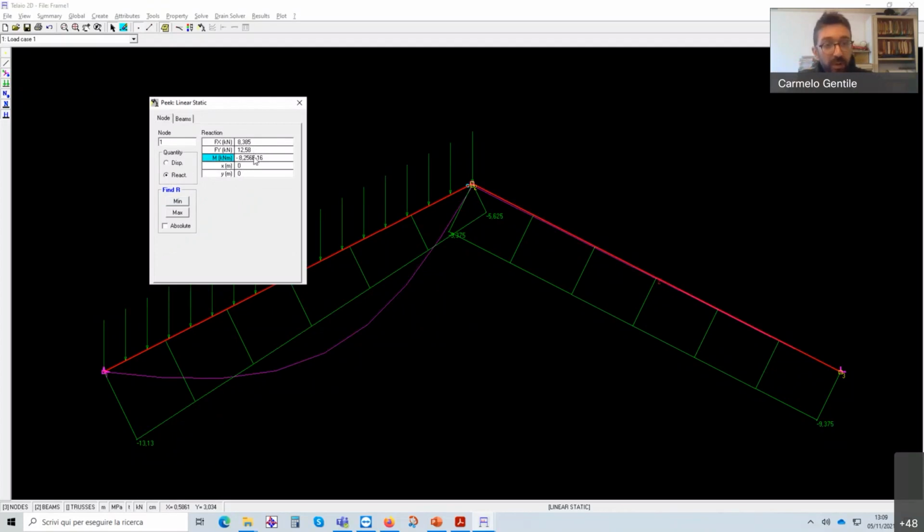And then we also find the bending moment, which is a very long number, and you can see at the end it's still E minus 16. So it is 0. If you find E16 without the minus, it means the numbers before are not multiplied times 10 to the power of minus 16.